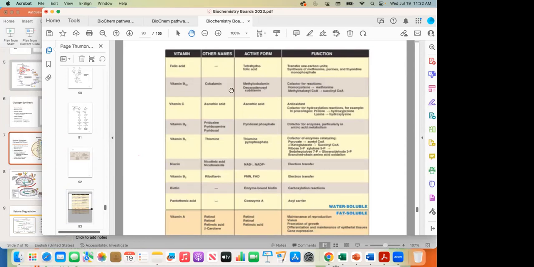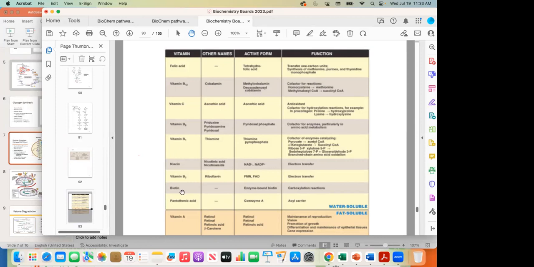Understanding that vitamin B12 has other names that can occur in the body, and ascorbic acid. They won't always say B1, they'll say thiamine, right? Thiamine pyrophosphate is literally vitamin B1 in its active form, specifically in those 2 big enzymes we talked about at the beginning, alpha ketoglutarate and pyruvate dehydrogenase.